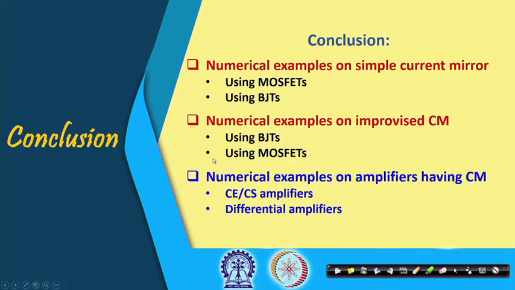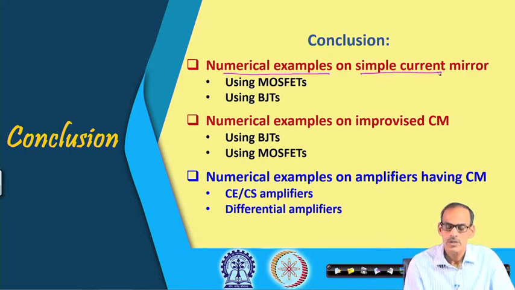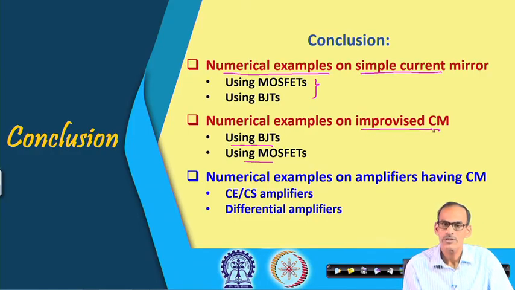Now, coming to the conclusion of this entire session, this is what we have talked about. Basically, we started with numerical examples of a simple current mirror, and we calculated the different transistor currents there. Then we talked about numerical examples of improvised current mirrors, namely the beta helper and then the cascode current mirror.